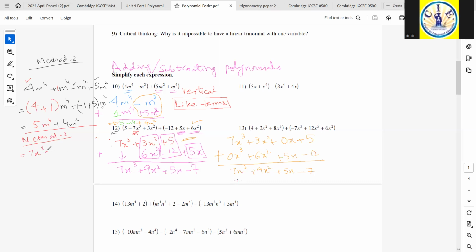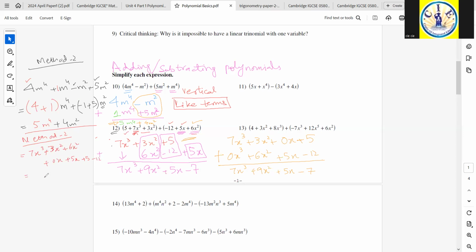Then for x squared, 3x squared, then plus 6x squared. I've combined these two. Then plus 0x from here because there was no x term here, but there was a single x term here, plus 5x. Then plus 5 from here and negative 12 from here.